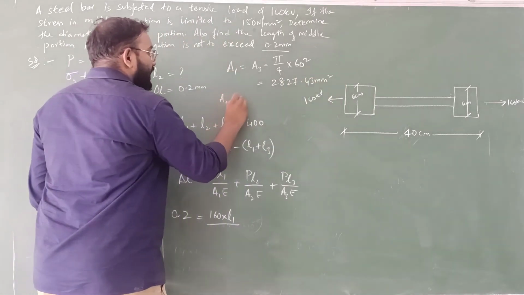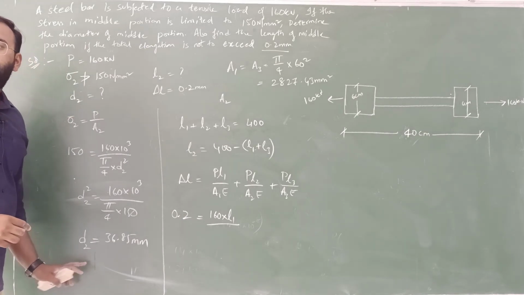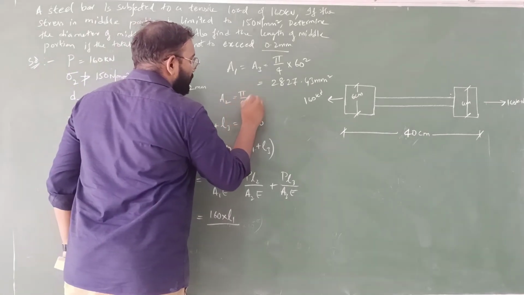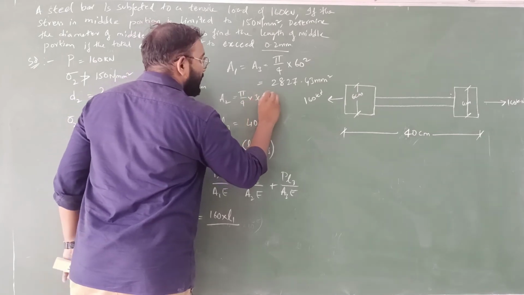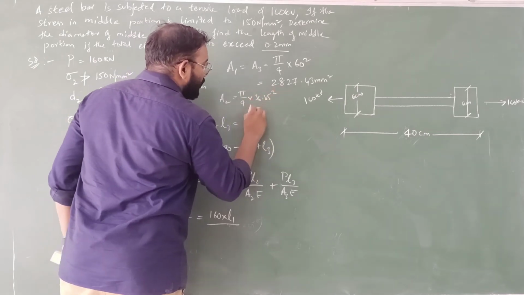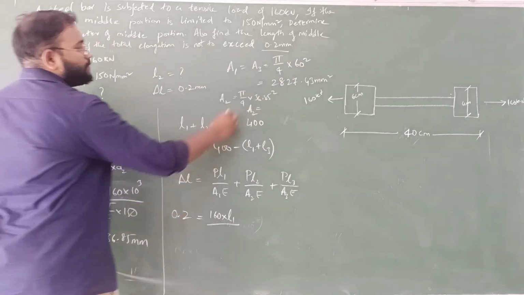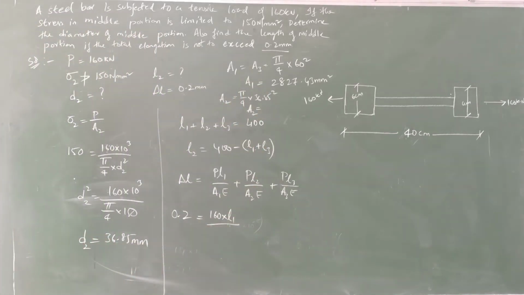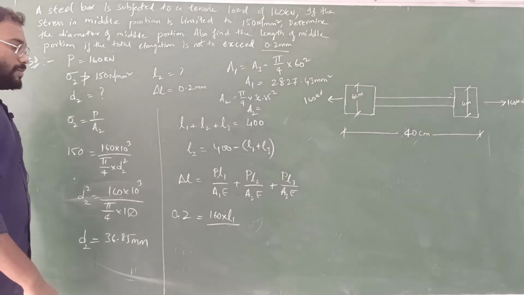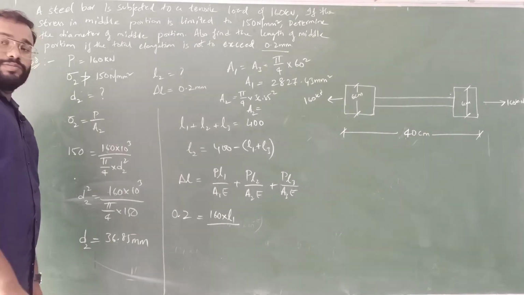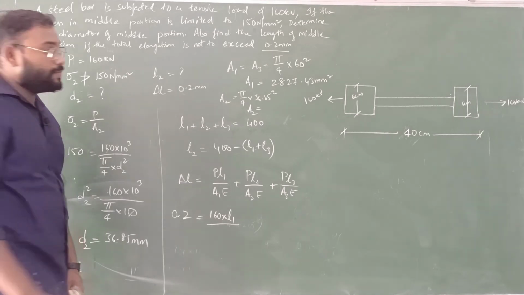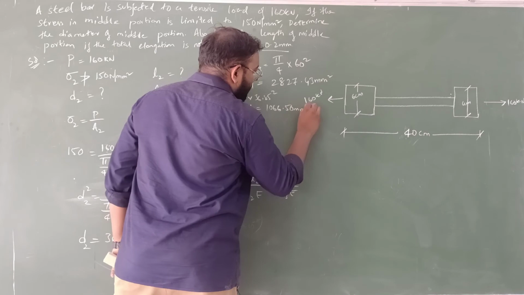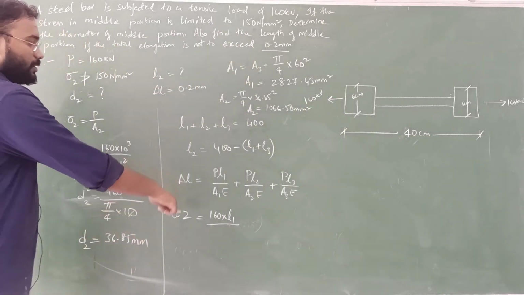Similarly, you can calculate A2 now, because we got D2. This is pi by 4 into 36.85 square. Tell me what is the answer for A2? Pi by 4 into 36.85 square is 1066.5 millimeter square. Now we'll substitute all the values here.